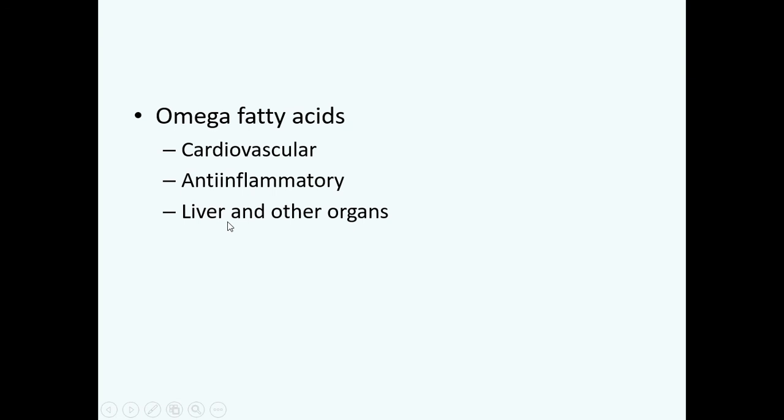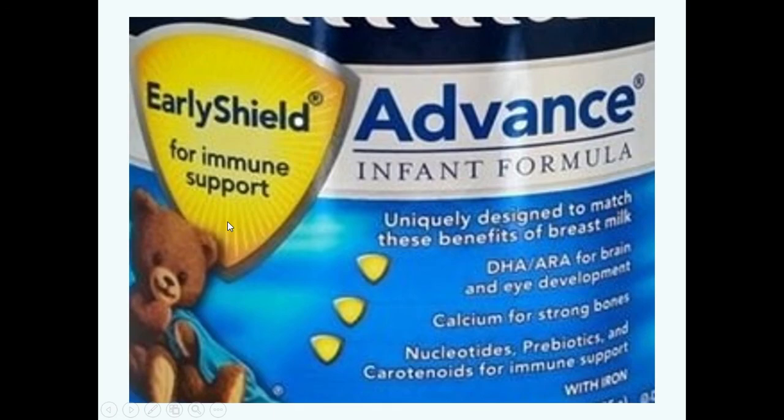Omega fatty acids regulate many different important functions of the cells and they have a beneficial health effect. So omega fatty acids, which are unsaturated fatty acids, have many important health benefits. For this reason, these omega fatty acids are included in infant formulations.